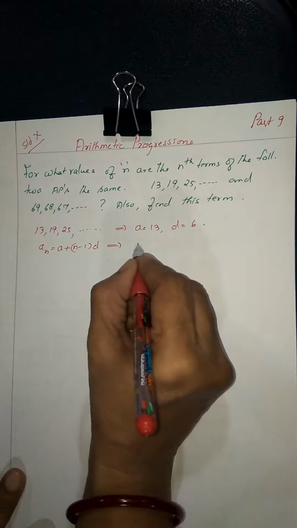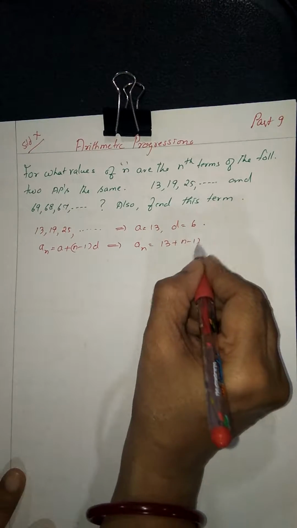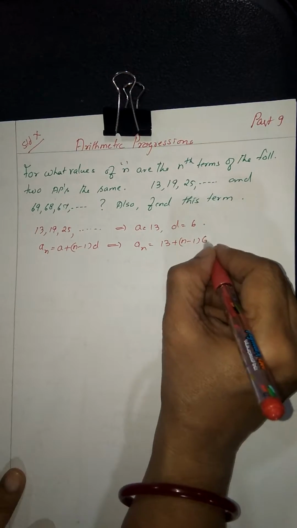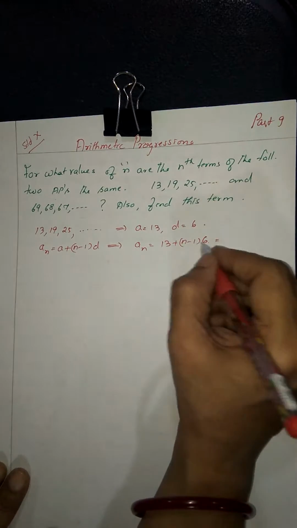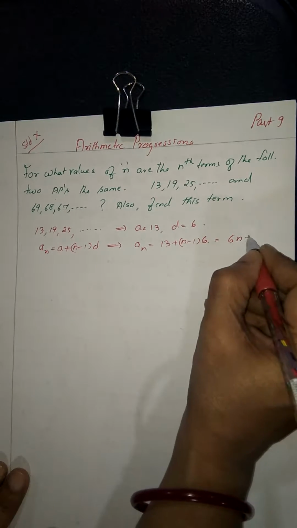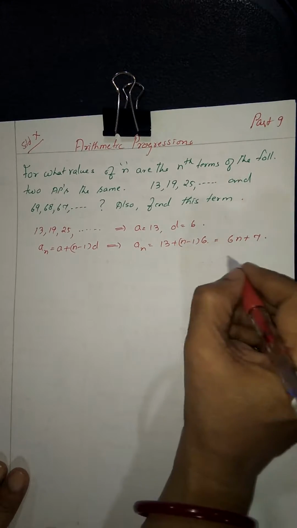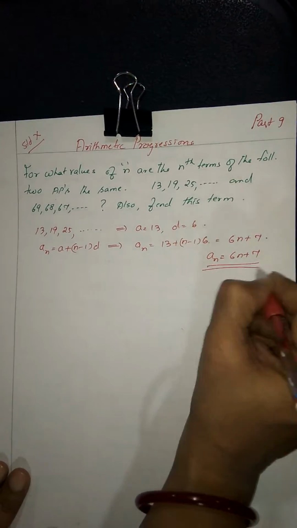So you get an is equal to 13 plus n minus 1 into 6. So you get 13 minus 6, 7, 6n plus 7. So an is equal to 6n plus 7.